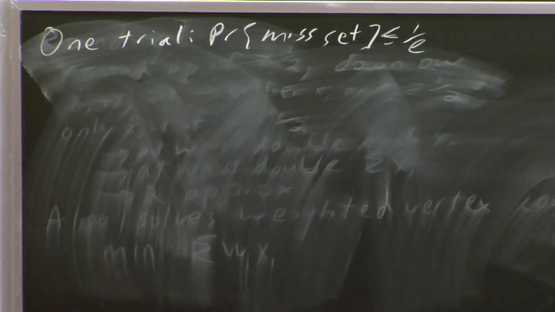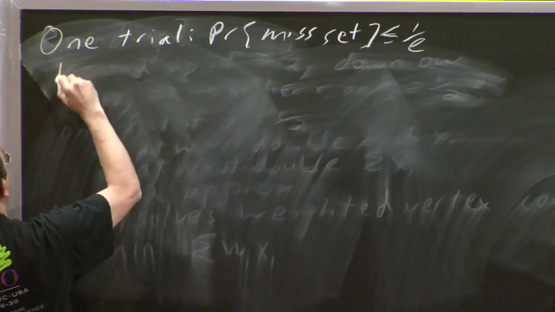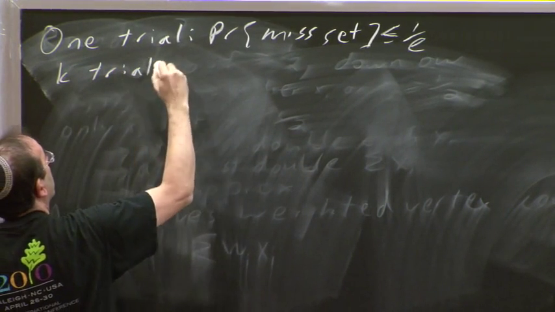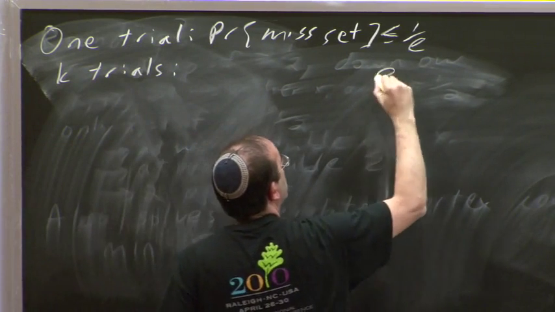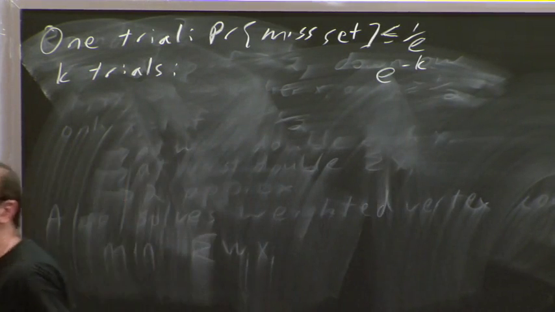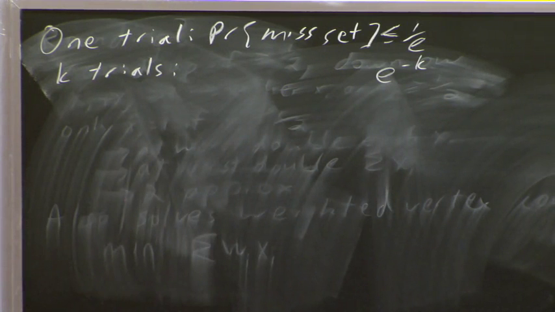Suppose that we do k trials. Then the probability that we miss an element is at most e to the minus k.